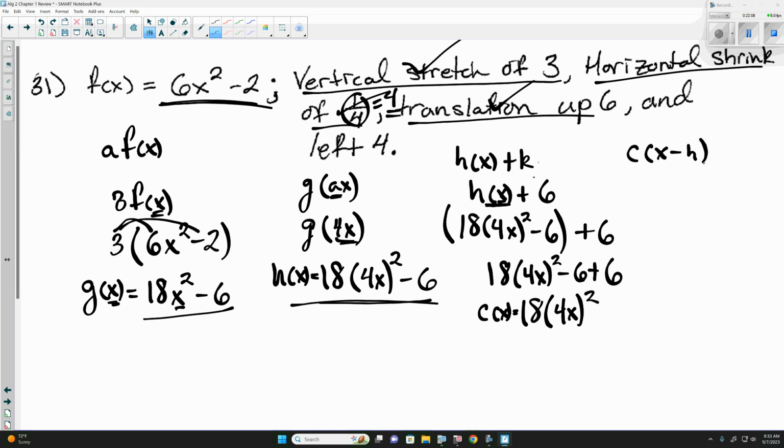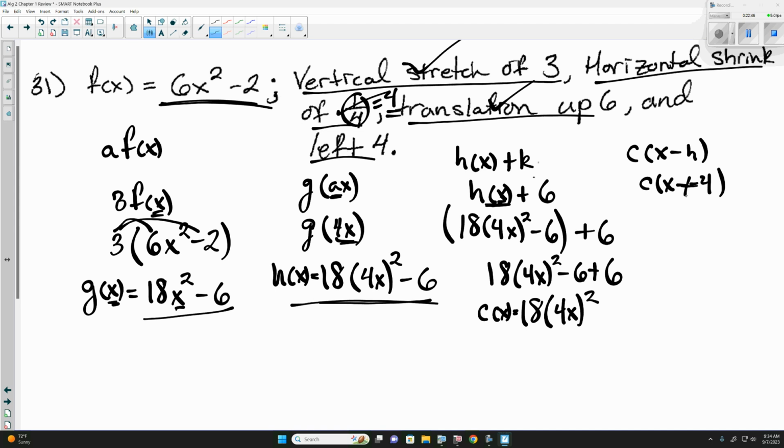Now, our h value in this case is what? 4, and it's to the left, so we plug it in as negative 4, but do we ever leave it? Right. We don't normally leave a negative and a minus next to each other. We rewrite it as a plus. It's negative 4 because it's going left, but the negative makes it positive.